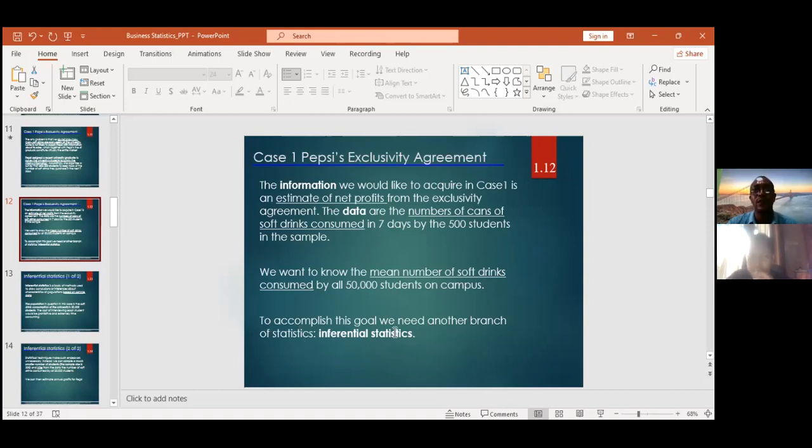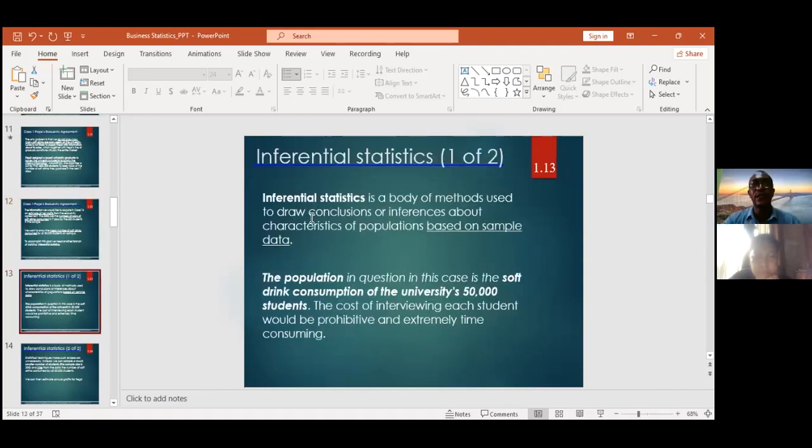So we have already talked about descriptive statistics. So now we want to move to the second aspect of statistics, inferential statistics. So what is inferential statistics? Inferential statistics is a body of methods used to draw conclusions or inferences about characteristics of a population based on sample data.